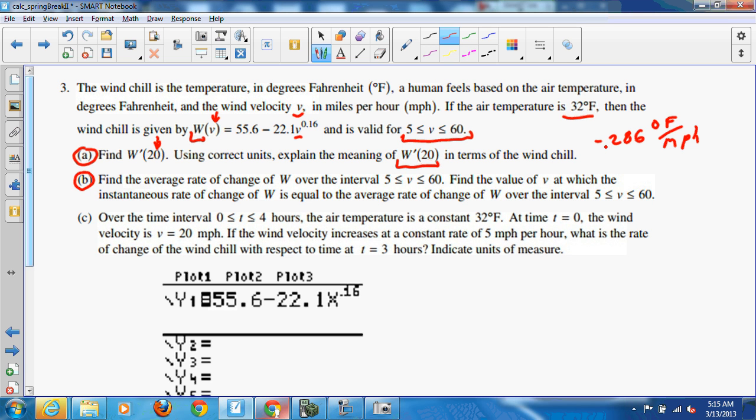Part B says find the average rate of change. So we're looking for AROC. And remember, we're just going to think of algebra when we do that. So we're basically finding the slope of the secant line between 60 and 5. So we're going to go to our table, I guess, or we could just go to the calculator and trace this out.